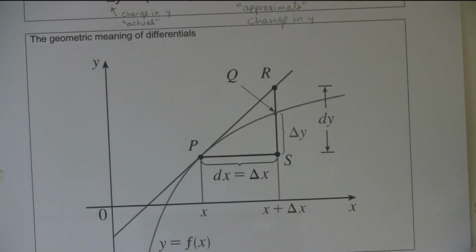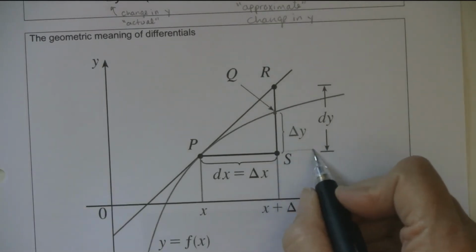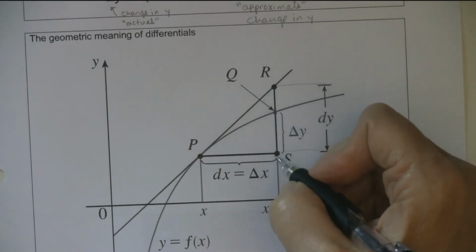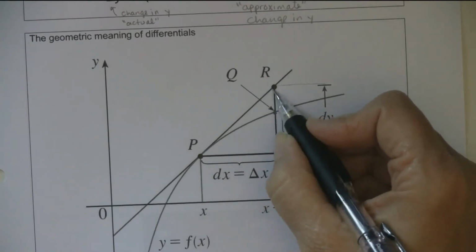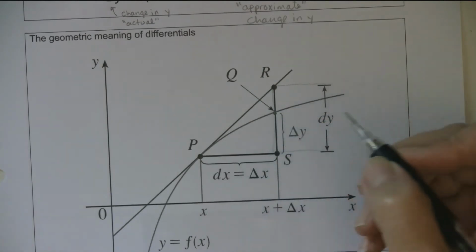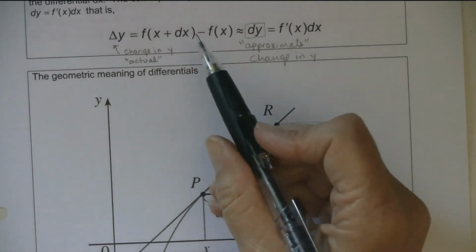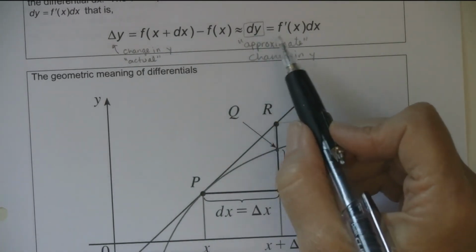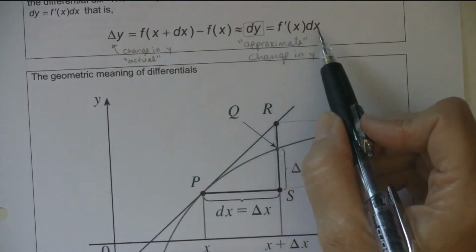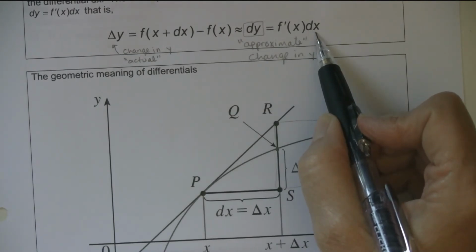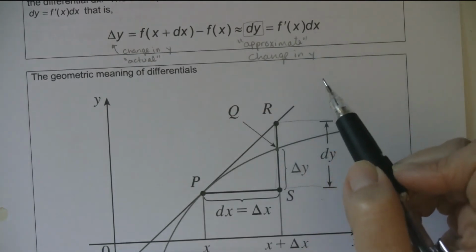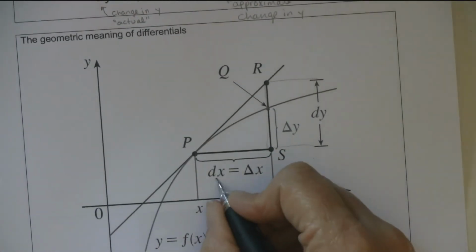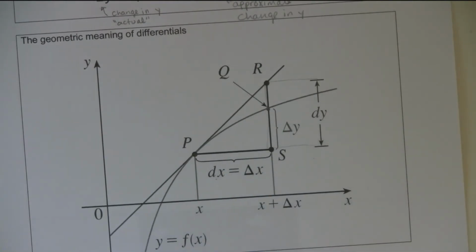And where dy is on here is this value right here, right? And so they're just using the tangent line. They're finding that distance there using the tangent line. And if you think about rearranging this, what is dy equal to? Well, it's equal to the derivative times the change in x. And this delta x and dx are the same because we know what that change is there.